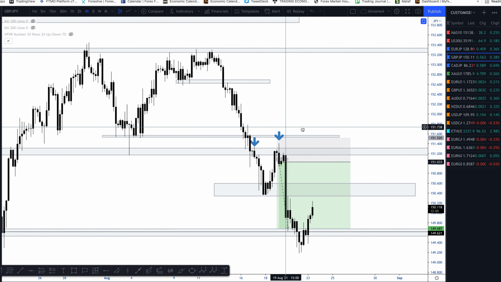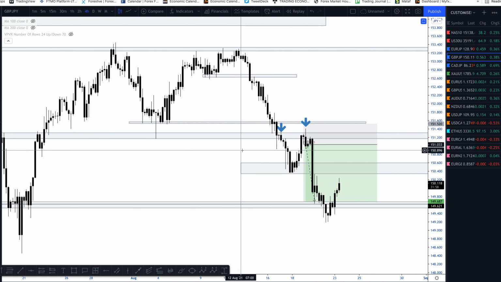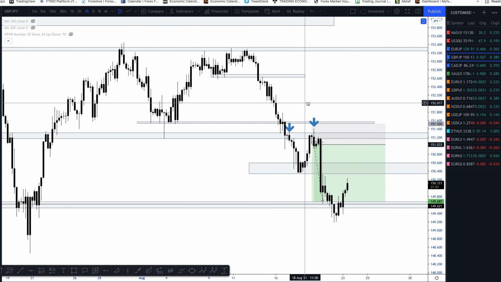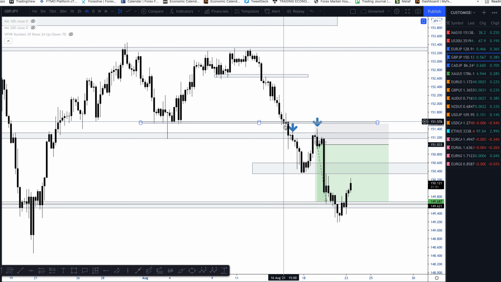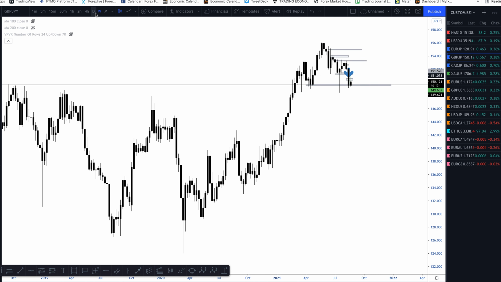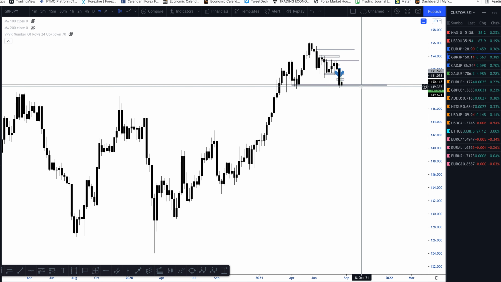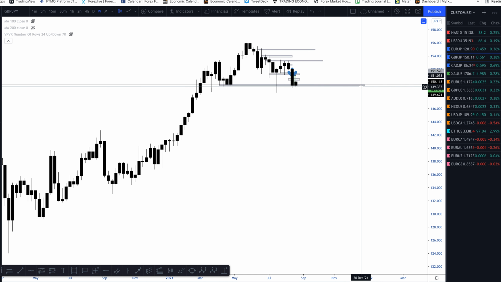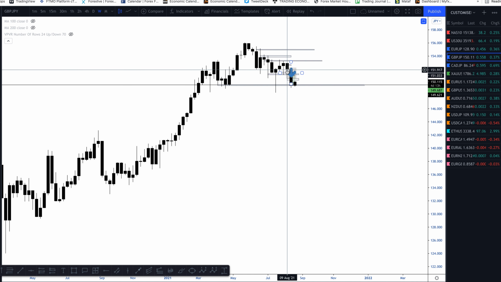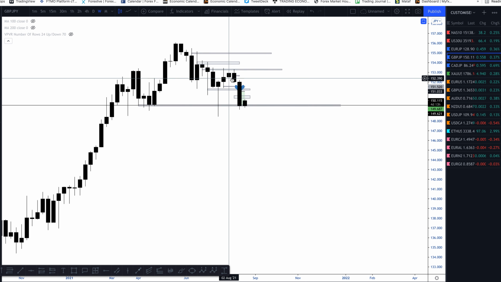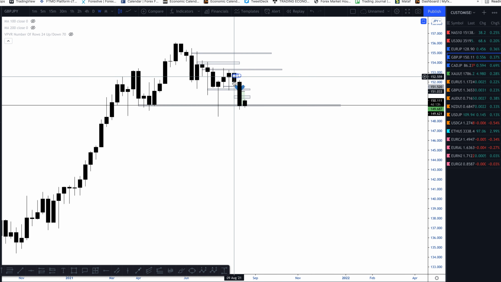So basically the reason for my short trade here was because I was seeing a downtrend on the H4, but more importantly on the weekly. Price after this candle over here printed a strong bearish candle, so you could tell there was some strong bearish momentum and I wanted to capitalize off that.